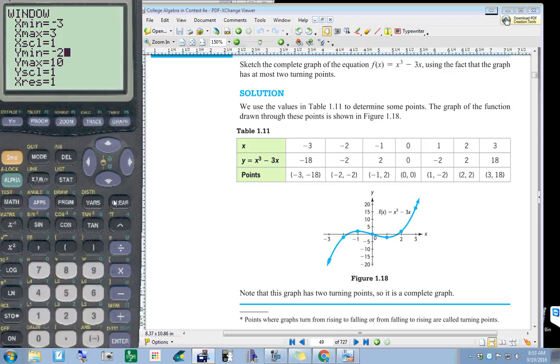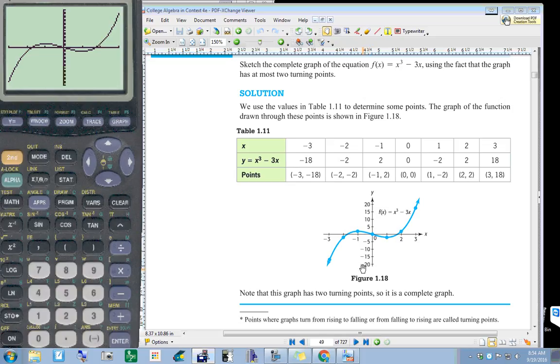If I hit graph again, does this look more like what they've got? One of the things you need to keep in mind when you're graphing is if they give you a picture of it, make sure that your window up here matches what they're giving you down here on their graph.